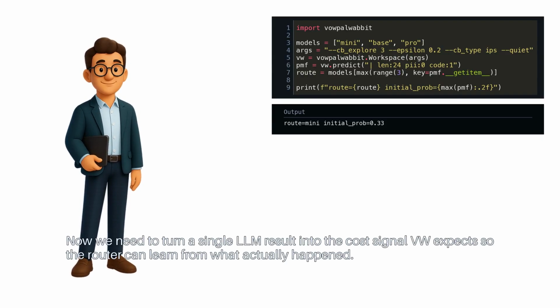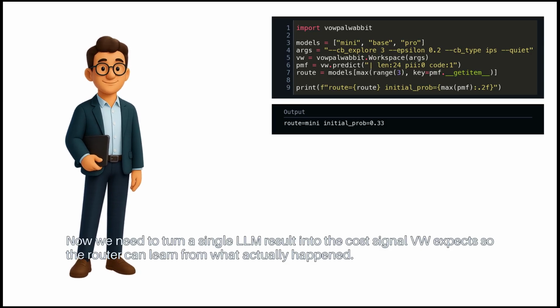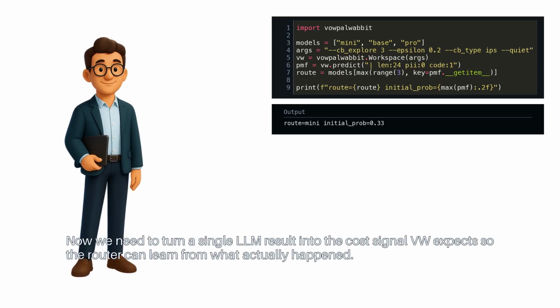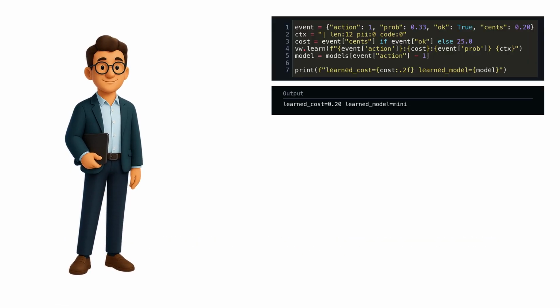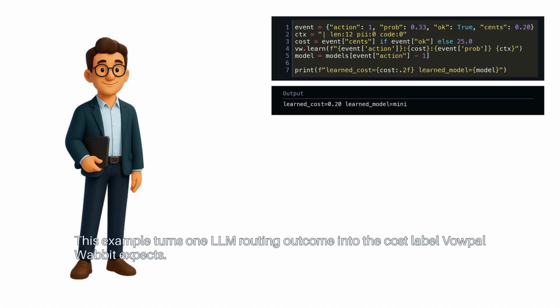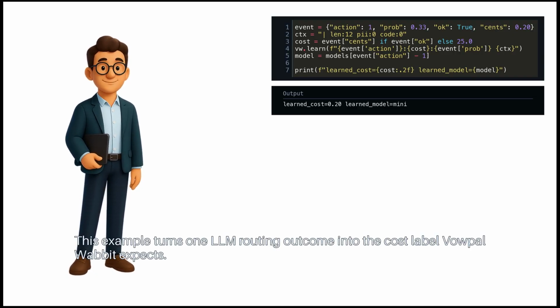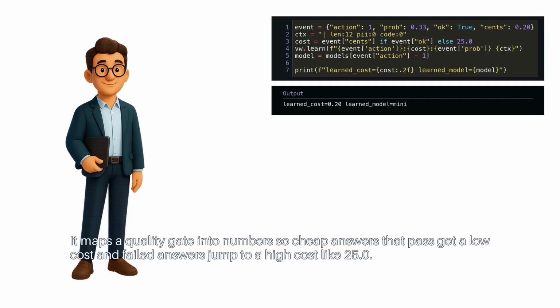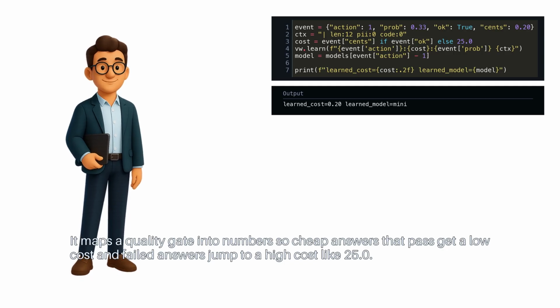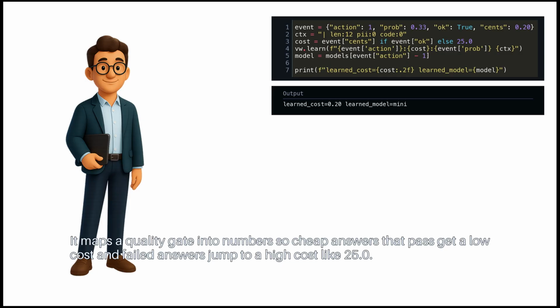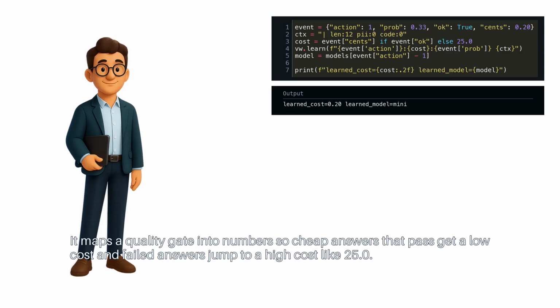Now we need to turn a single LLM result into the cost signal VW expects so the router can learn from what actually happened. This example turns one LLM routing outcome into the cost label Vowpal Wabbit expects. It maps a quality gate into numbers, so cheap answers that pass get a low cost, and failed answers jump to a high cost, like 25.0.